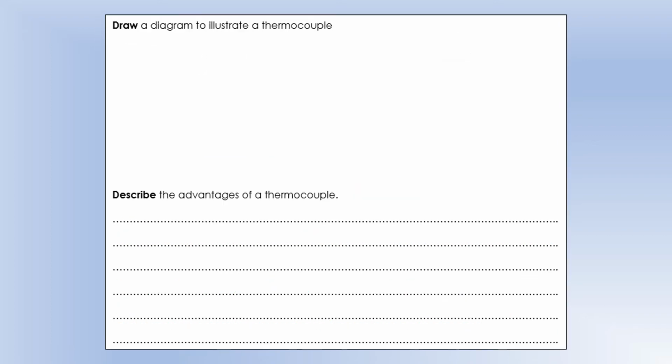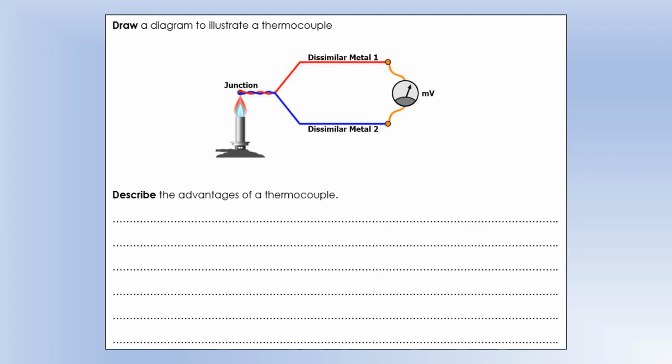Okay, so to talk about another device we can use to measure temperature, a thermocouple. Essentially a thermocouple is two metals which are connected together, and then also to a voltmeter. The part that you put in the thing you want to measure the temperature of, you call the hot junction.